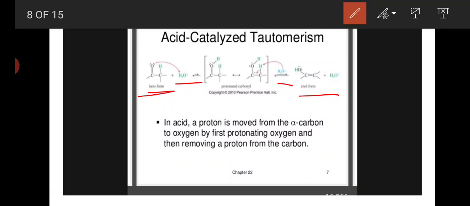A proton is moved from the alpha carbon to oxygen by first protonating oxygen and then removing a proton from the carbon.